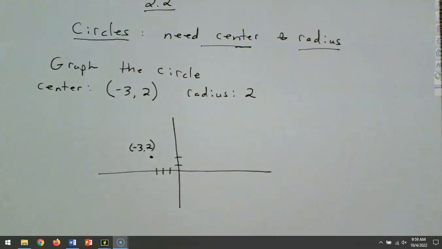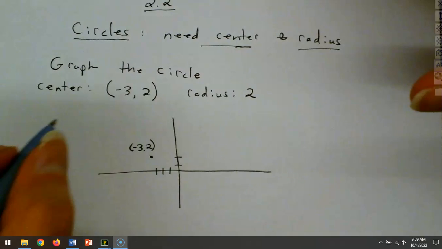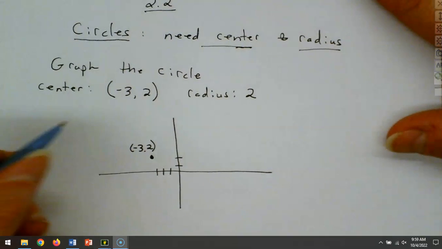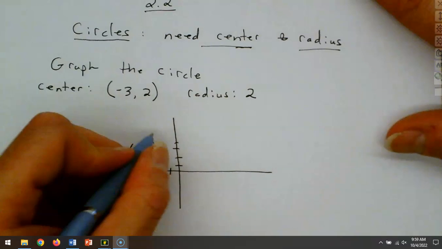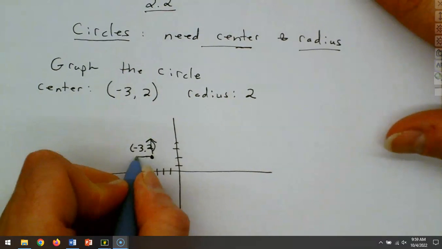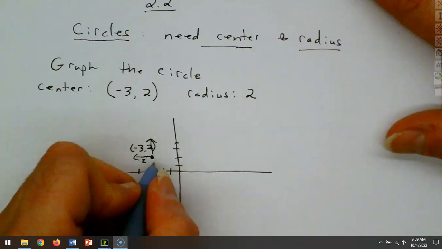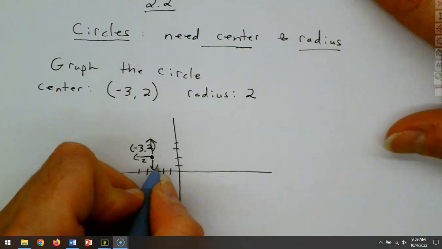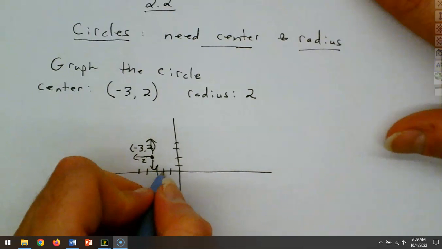Now, what does it mean when I talk about the radius? The radius is the distance from the center to the outer edge of the circle. And when I have that 2, that means we're going to go 2 units in every direction. So we're going to start here in my center, and we're going to go up 2 units. 2 units up, 2 units back. These are all 2 units here. 2 units down, and 2 units over.